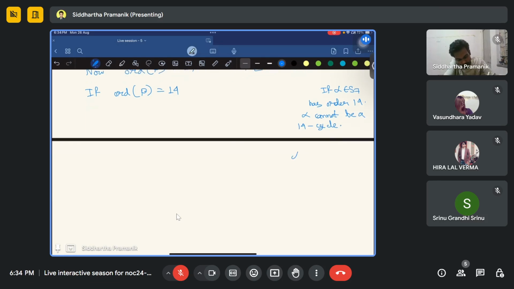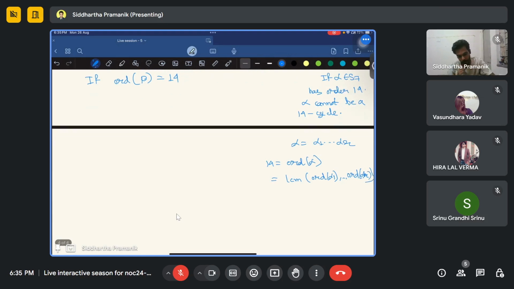So if alpha is written in the disjoint cycle form, then 14, which is equal to the order of alpha, must be the LCM of the orders of alpha 1 up to alpha k.